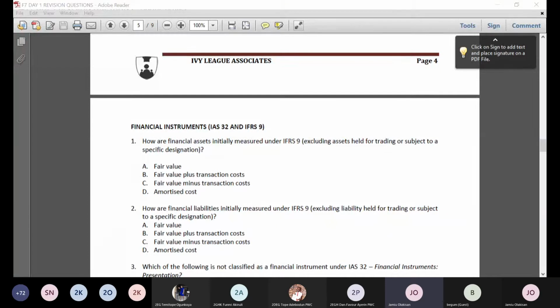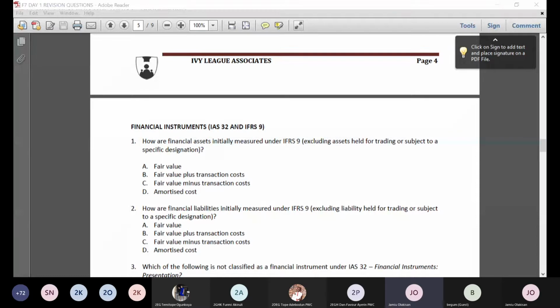We said opening balance, finance costs, interest paid, then we have closing balance. I told you that closing balance is the amortized cost. That is how you will do it for the second year. That is how you will do it for the third year. And in the third year, you will discover that the amount will go back to that 40 million in that question. We measure financial asset at that amortized cost.